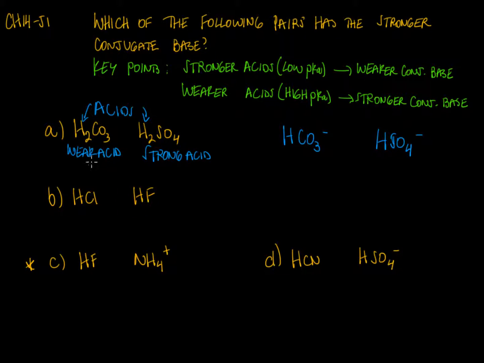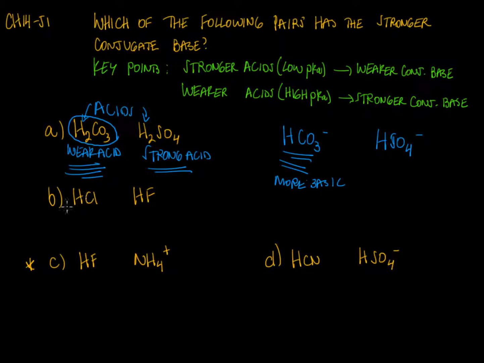So now we can just look at the stronger acid and say, therefore, this should be the weaker conjugate base, and the weaker acid forms the stronger conjugate base, all right? So this acid here has the stronger conjugate base, more basic.